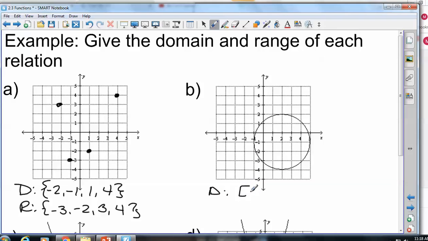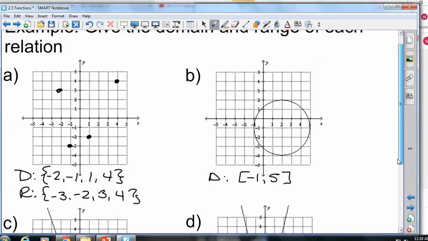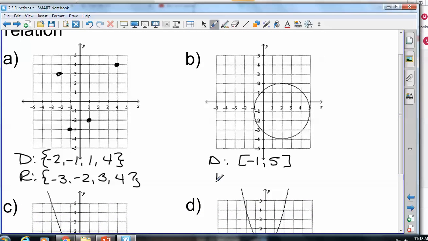So we would write bracket -1, comma 5. Range is referring to your y's. So we're going to write interval notation. Y, think about starting at the bottom, going up.